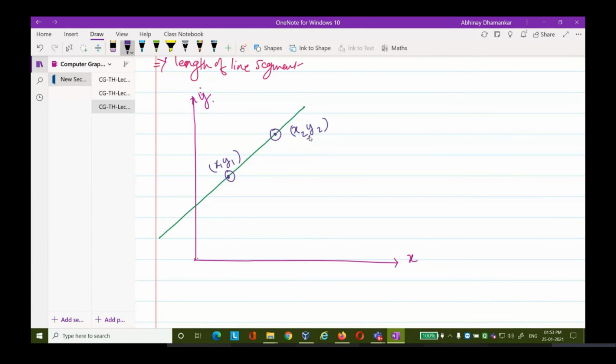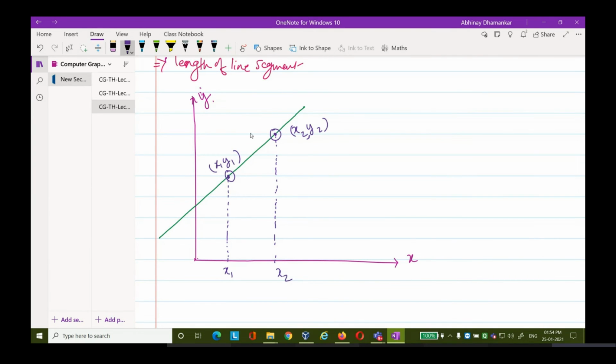You guys also please draw these. I will take a projection of this over here and also a projection of this over here. I will say this is x1 and x2.